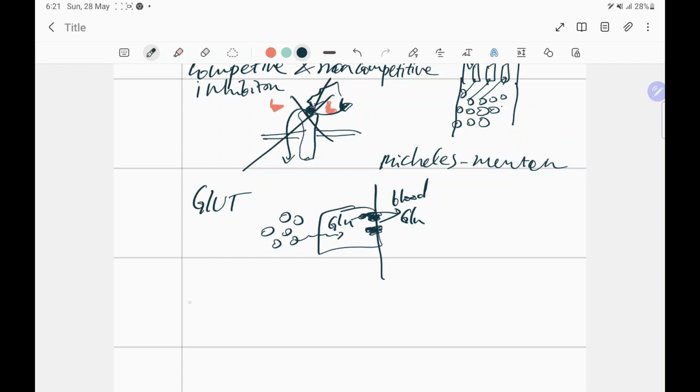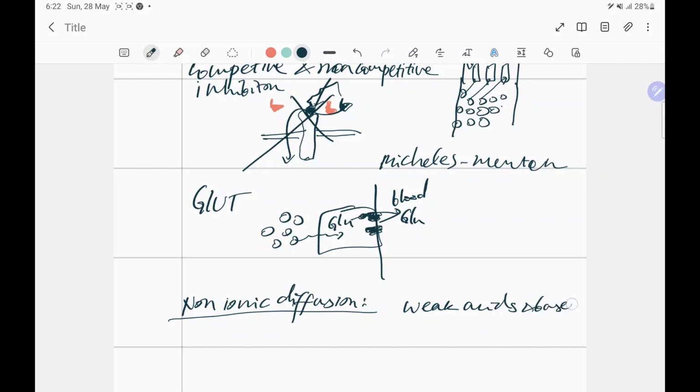Then the next thing is non-ionic diffusion. Here we have a situation with weak acids and weak bases. They have a charge on them, because if you remember, an acid is a proton donor, and a base is a proton acceptor.